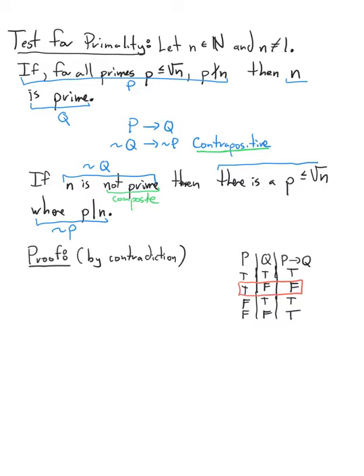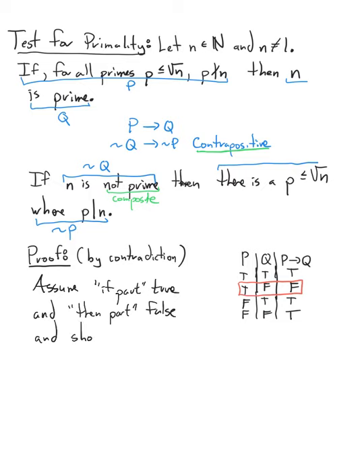We're going to assume that the if part is true and the then part false, and show math breaks. There's some contradiction that will come up.